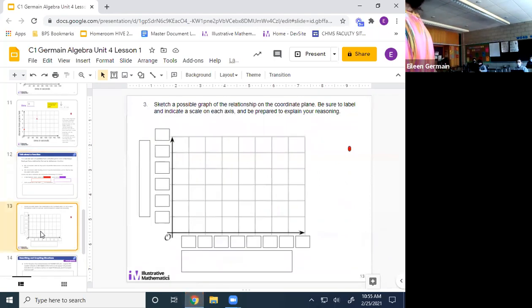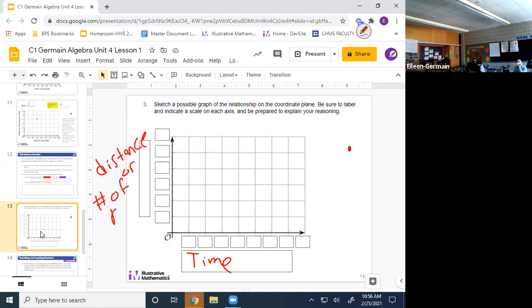All right, so for your graph here, what did you put down on the X? Time. And you could have written distance or number of barks. Okay. You could have.